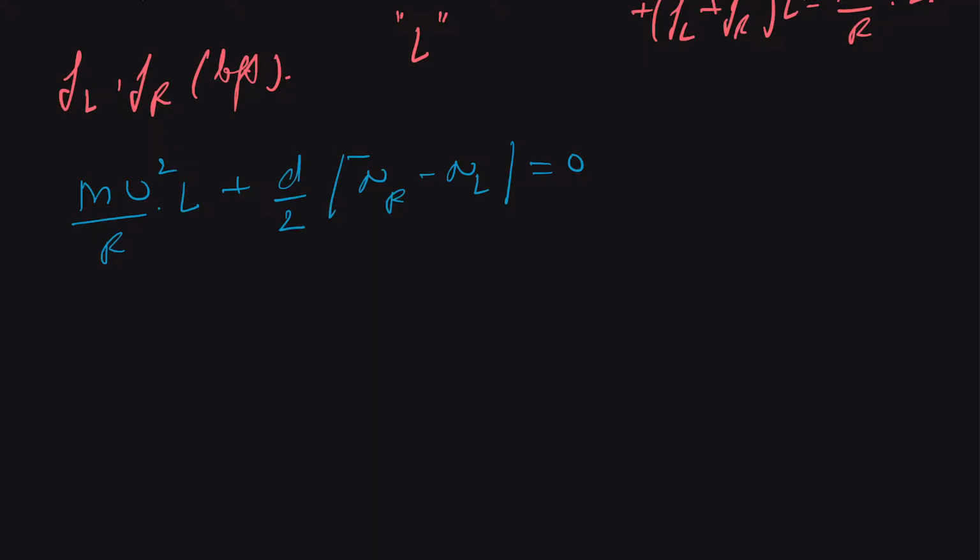And from here we can say that NR minus NL will be equal to minus twice mv square L divided by dr.